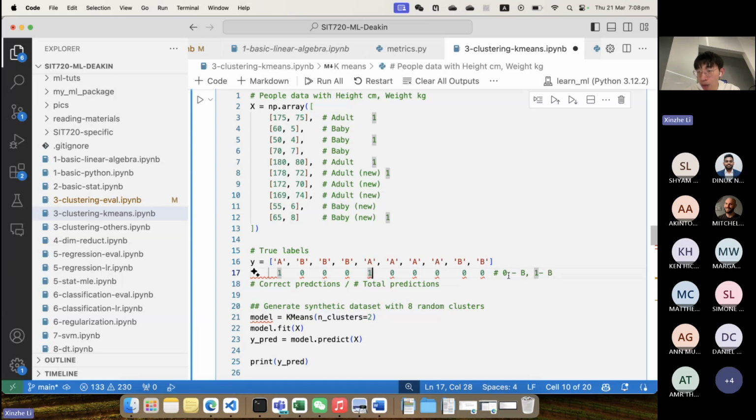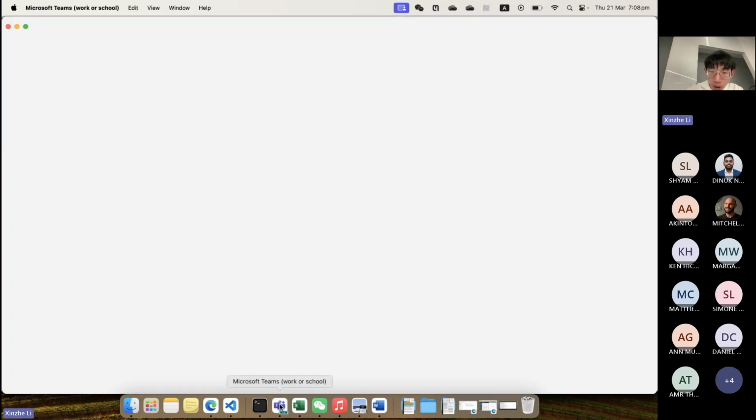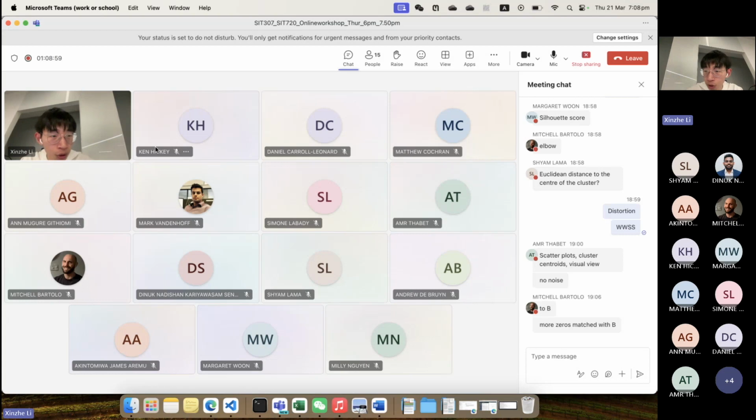That means 0 and 1 both map to B. It is plausible in the calculation of the purity score. Let me see if you have any question. If no question, I will show how you can code this.